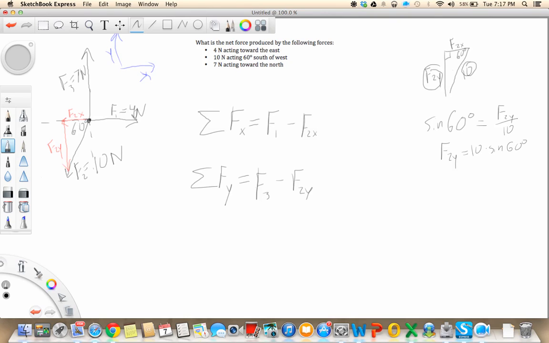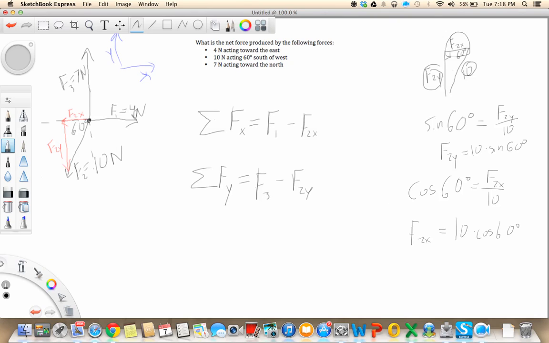Same thing when we want to solve for our x component. You know the hypotenuse. That means you're going to need to use a cosine. Since we have adjacent and hypotenuse, it's going to be the adjacent side over the hypotenuse. Do some rearranging, and you will find exactly what the x component will be equal to.